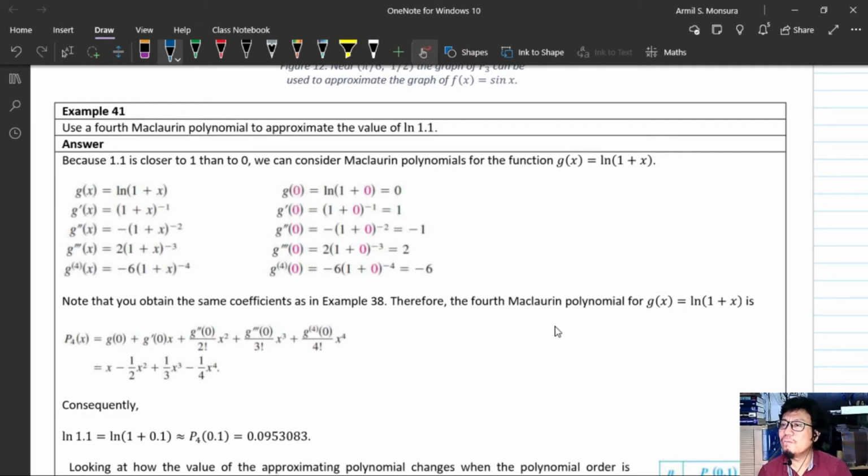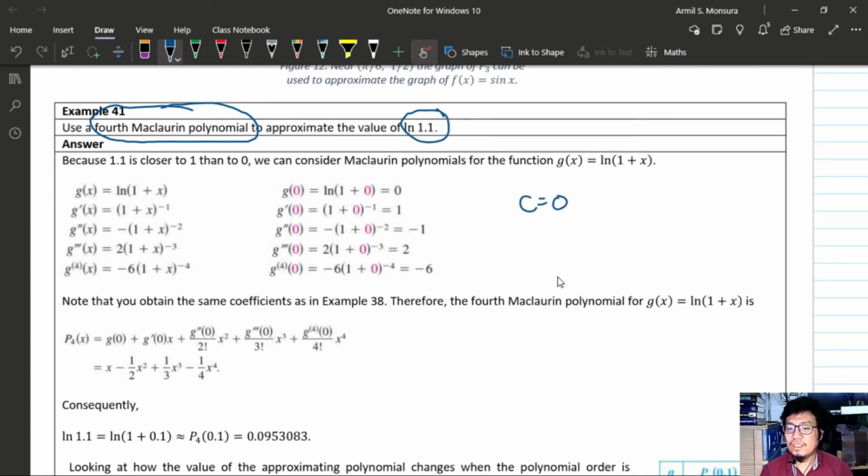But here, what is being asked is to use a fourth Maclaurin polynomial to approximate the value of ln 1.1. Number one, the center of that should be at 0.